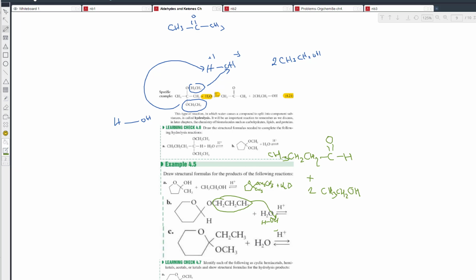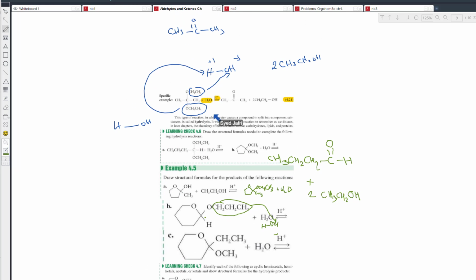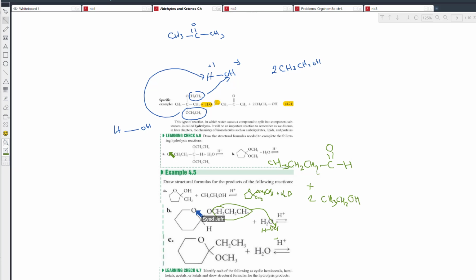Let me show you something. Look at this case again. What's happening in this case? Take any one of them, it is going to be an alcohol, the other will be completely gone and become another alcohol. But in this case, it's a cyclic thing, so it is difficult for us to do that.